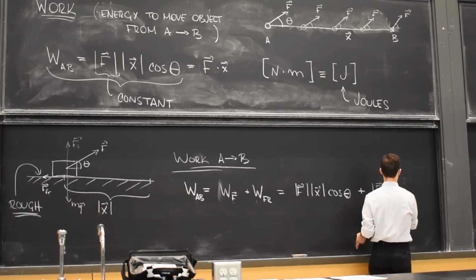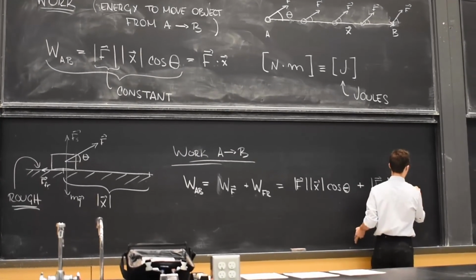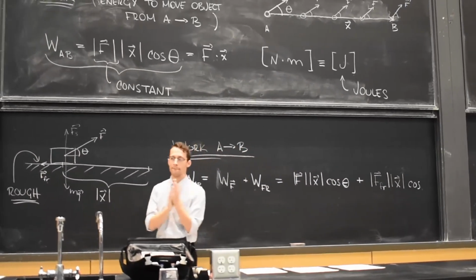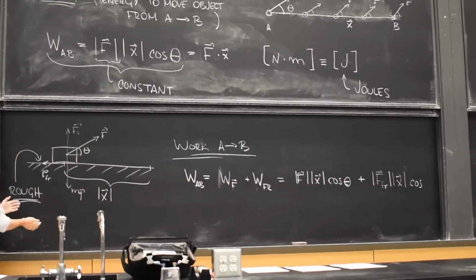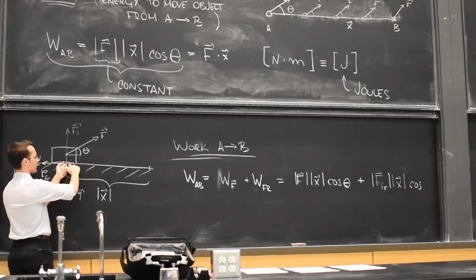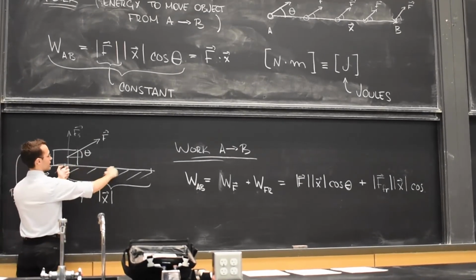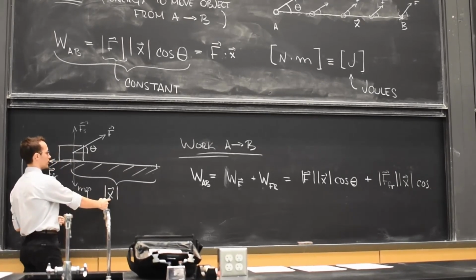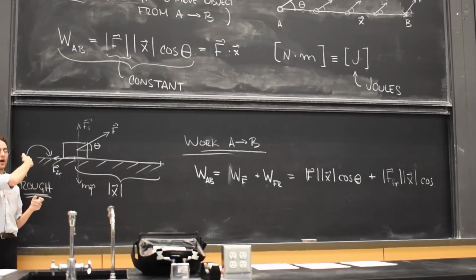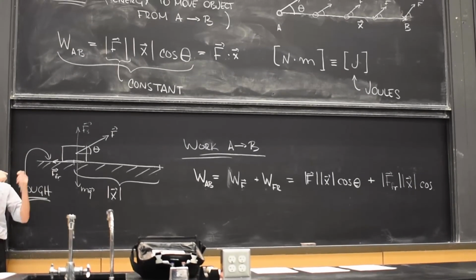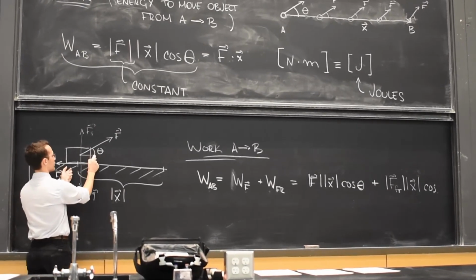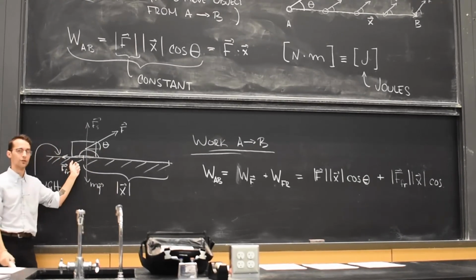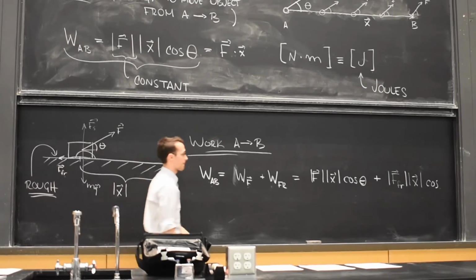The important part is what is the angle between the two. And I won't really ask you about it. The distance is this way, right? This is the way we're going. That's the direction of x. But the direction of our frictional force is opposite to that, which means the angle in between them is not some small angle theta, it's 180 degrees, right?